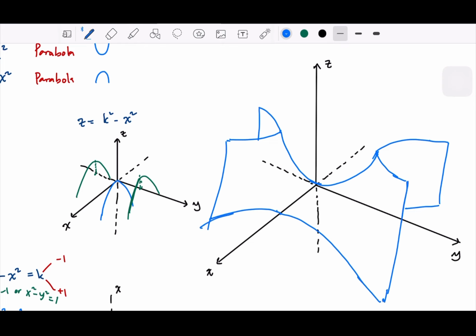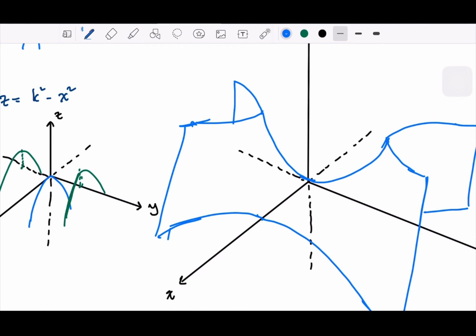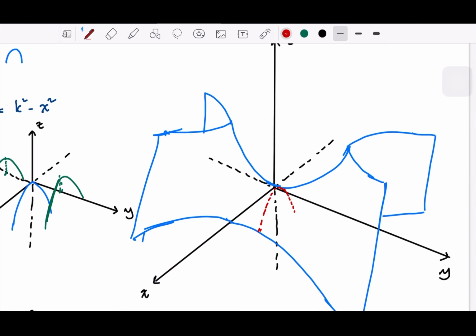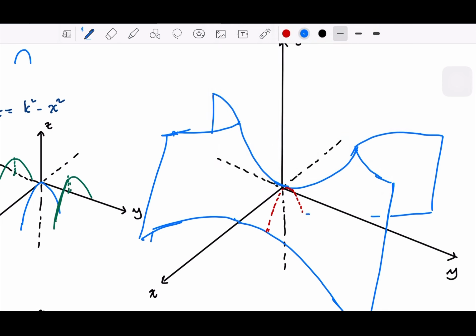Let me adjust this, and you will see that it's connecting. Then we confirm that this is our parabola, and this is also the other hyperbola.